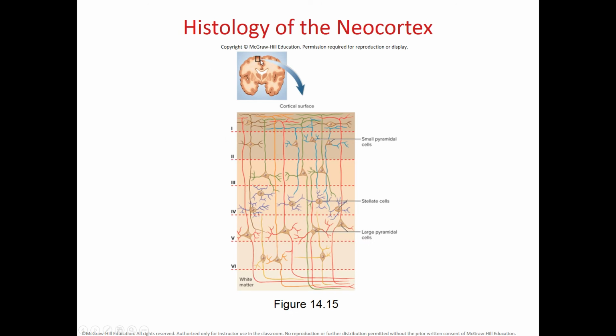If you magnify this part of the cerebral cortex, you can see all these 6 layers. And in here you have these pyramidal-like neurons that are multipolar. They make millions and millions of connections as a whole.